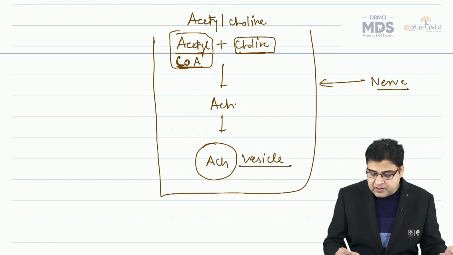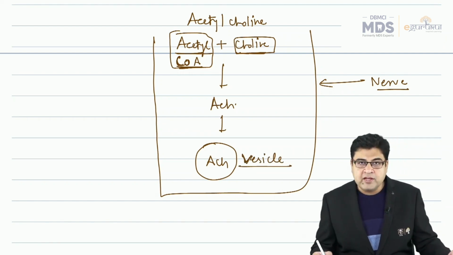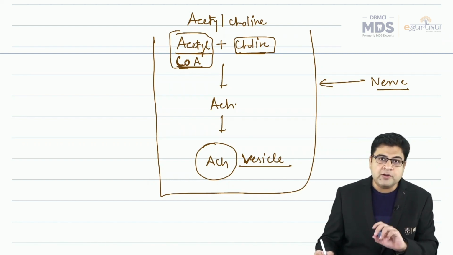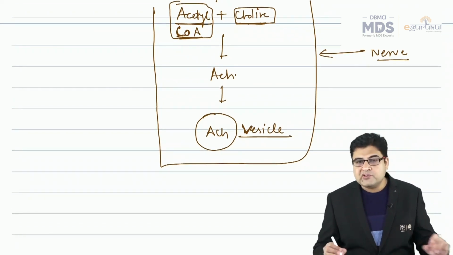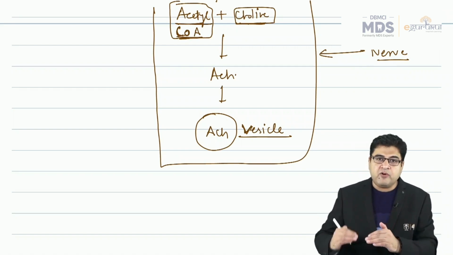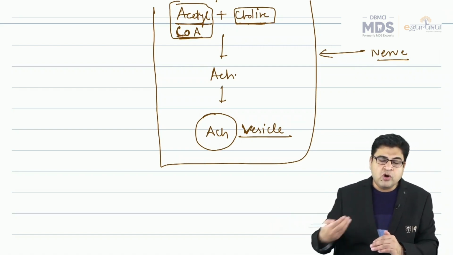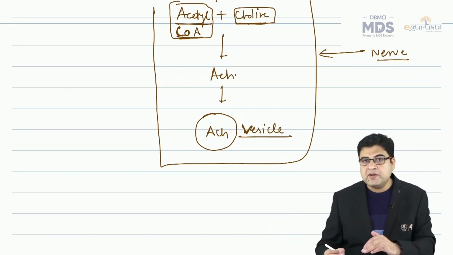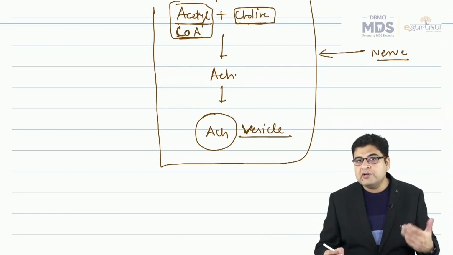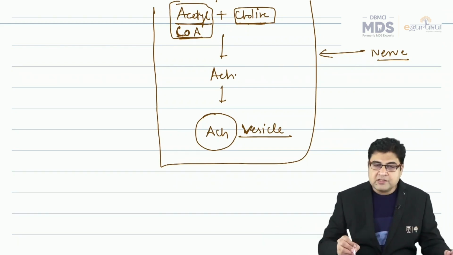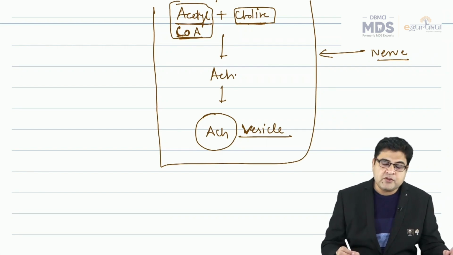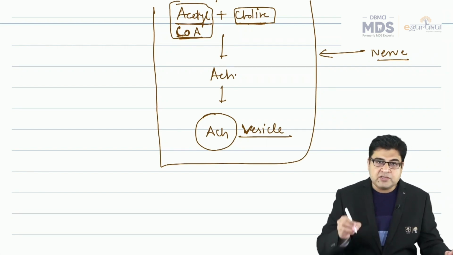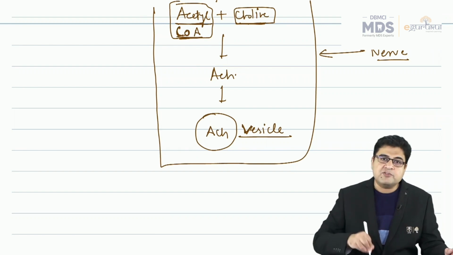What is a vesicle, guys? A vesicle is a structure where the neurotransmitter is stored temporarily. A vesicle is present at the end of all nerves of the human body, so all nerves have this storage granule. Here in this parasympathetic nerve, the acetylcholine formed in this nerve will come and get stored in the vesicle.